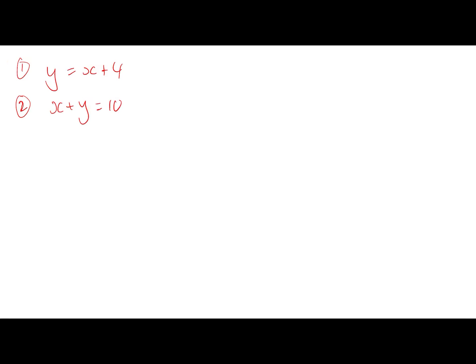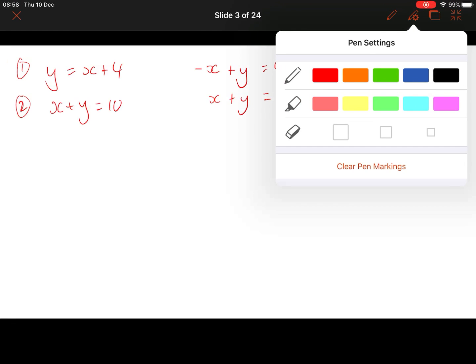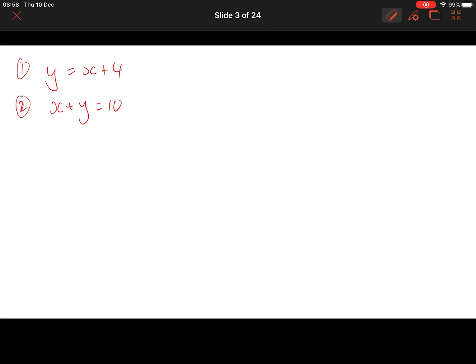Now the way these equations have been written is slightly different to how they were in the last video. I could rearrange them to make it minus x plus y equals 4 and x plus y equals 10, and then use elimination as my method.